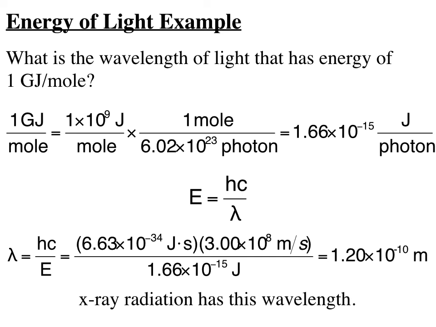So to find out the wavelength of the light, I will stick that value for the amount of joules per photon, which it needs to be in to dimensionally work with the other units in the formula.